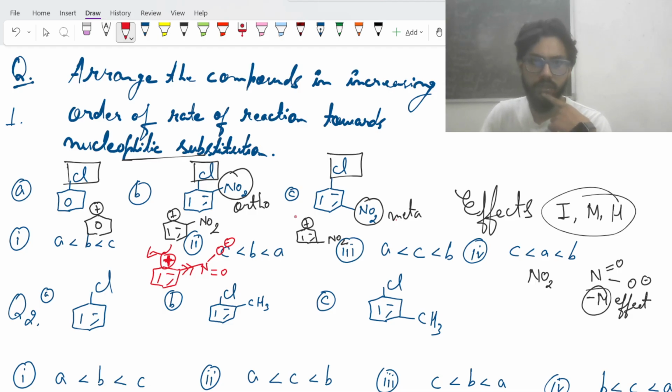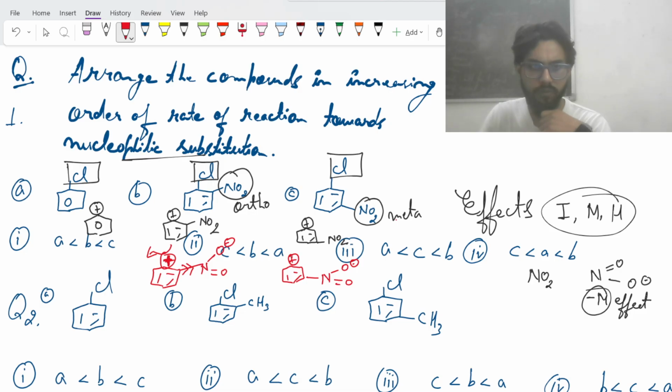And if you see this particular carbon, this is the positive charge, and this nitro group again acts with a minus M effect. Here this is the ortho and this is the para position. This nitro group is at the meta position. So when it goes, it will delocalize the electrons.